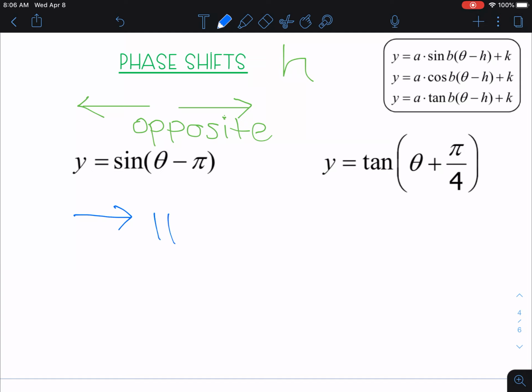So it's going to move everything to the right pi units. With y equals tangent of theta plus pi over 4, plus pi over 4, you'd think right, so we're going to think the opposite. This would move everything on that graph to the left pi over 4 units. That's called a phase shift, and you'll see it inside the parentheses with the h. That's how you determine whether it's moved left or right.